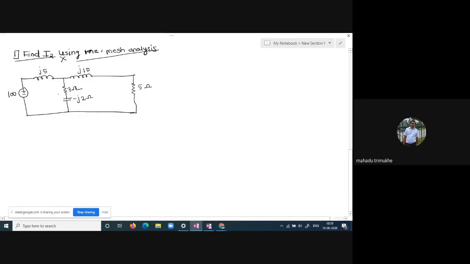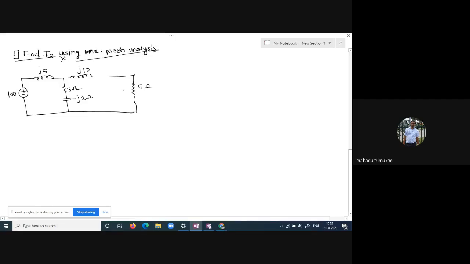This question has been asked three times in your university examination for 10 marks. A very important example. So what is your aim here? Your aim is to find I2.